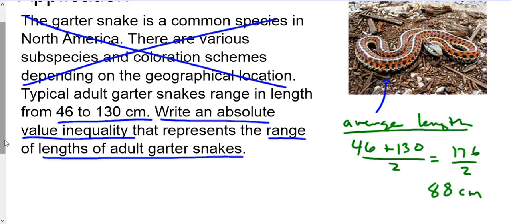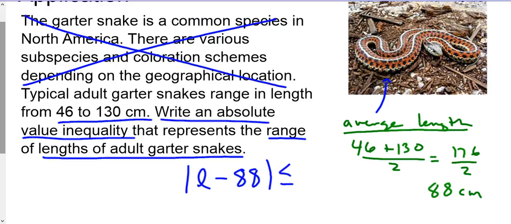We're going to use this now, and we're going to set up our inequality. Our inequality is going to be our length minus the 88, our average. Now, the next part is that garter snakes can range in length, so it can be less than or equal to, and now we're going to figure out what is the difference between our two values.